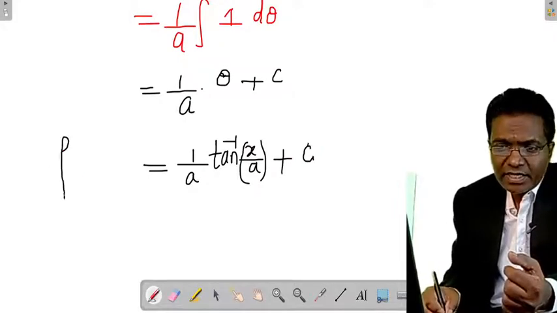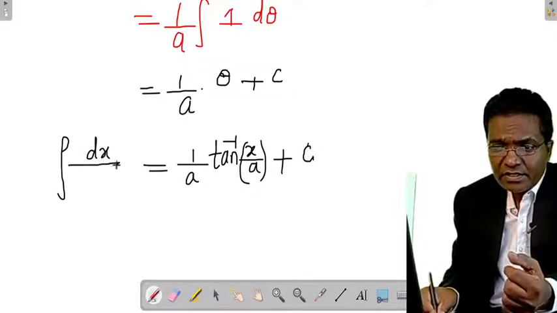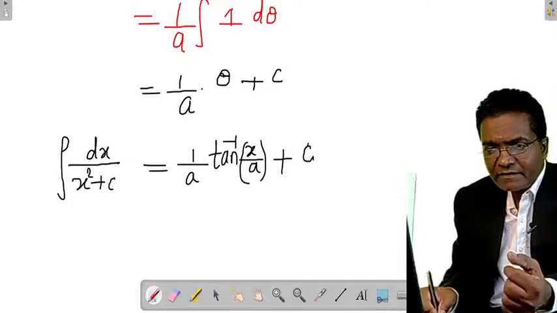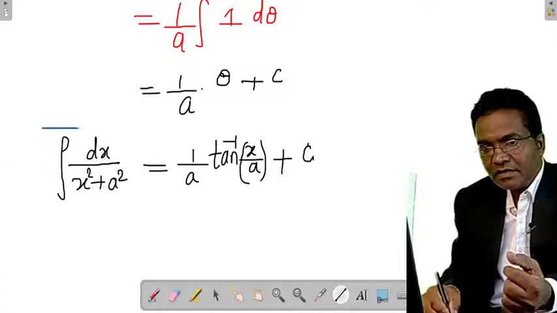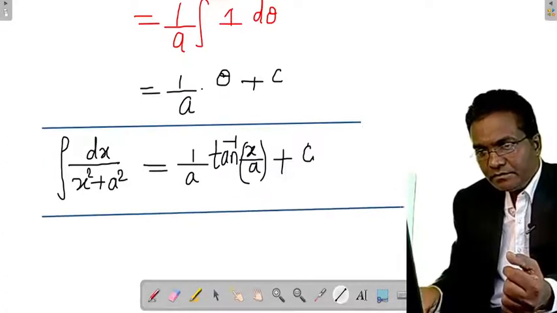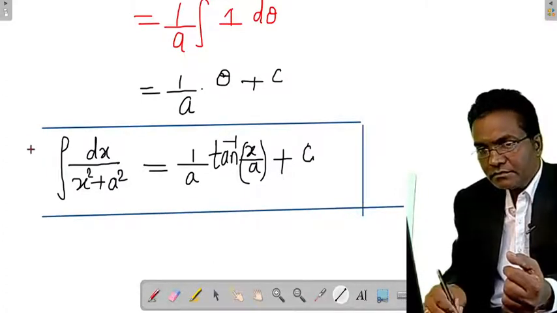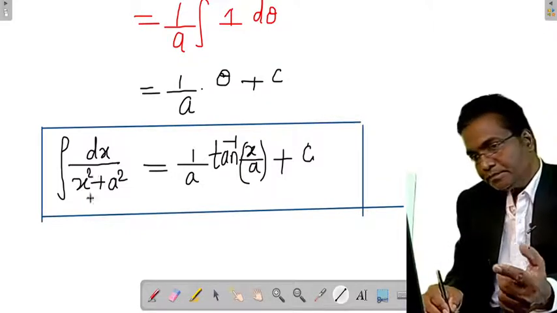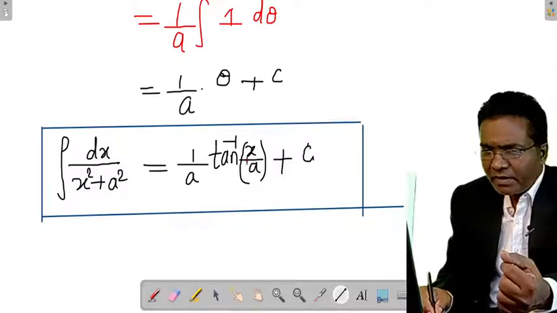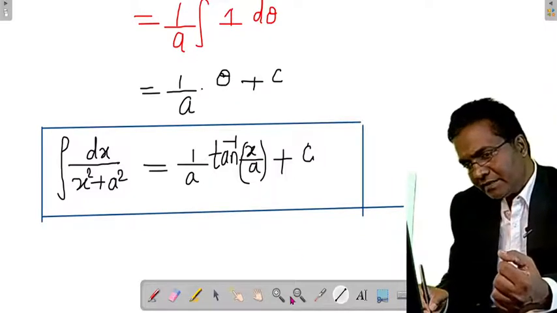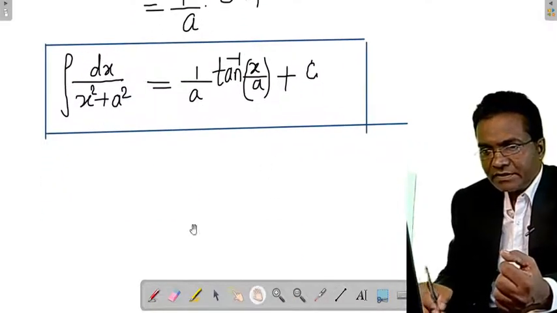So this is integration of dx by x square plus a square. Do remember this. Integration of dx by x square plus a square is 1 by a tan inverse x by a plus c.